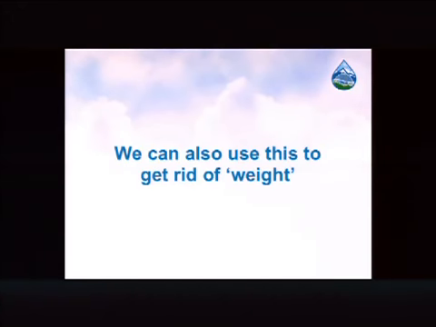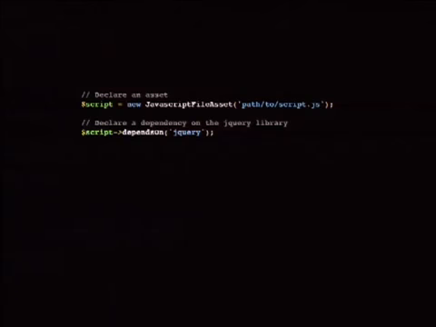Here's something that's maybe actually exciting. I'm hoping this is exciting for folks. The way that we get rid of weights is with these nifty little depends on systems. So I make a new JavaScript file asset, path to a script, and then I say I want my asset to be dependent on jQuery. All you have to do is this simple thing: script depends on jQuery.